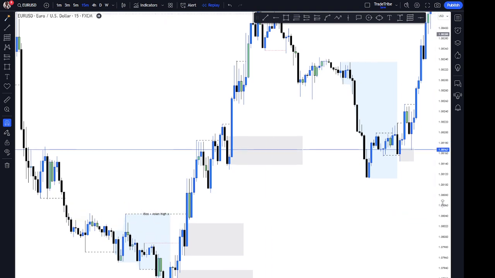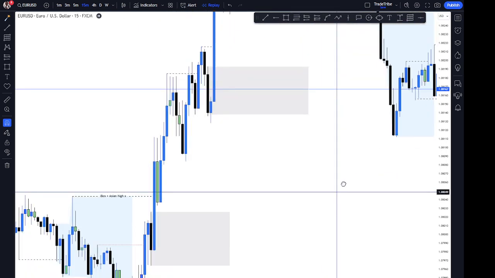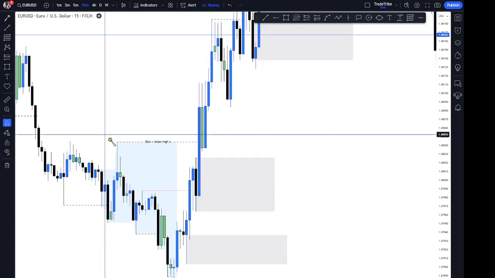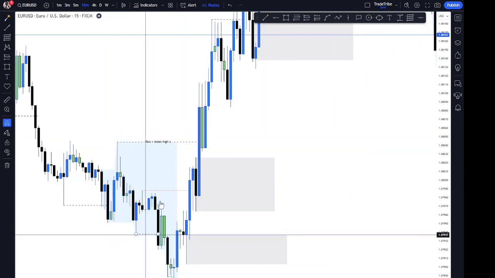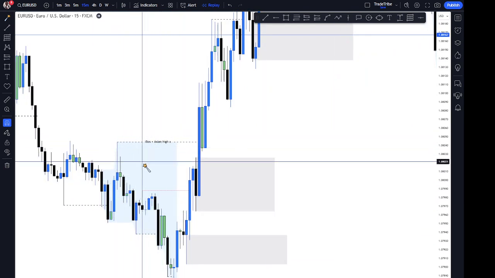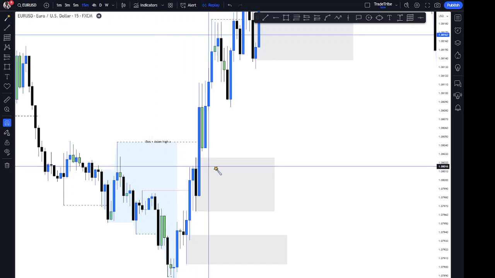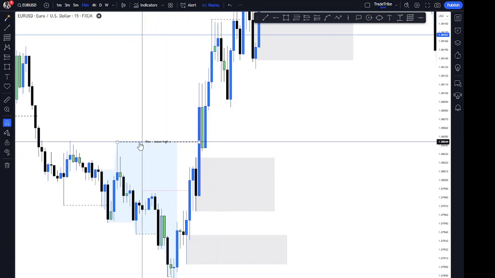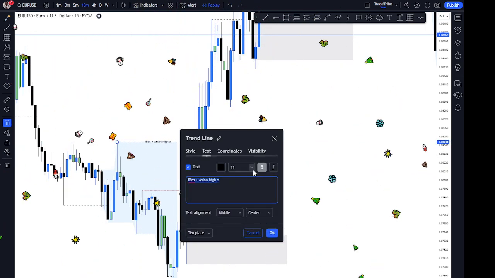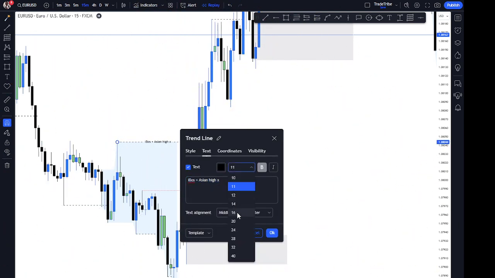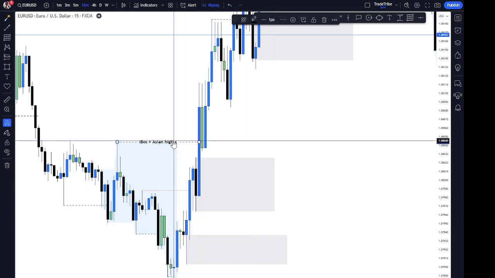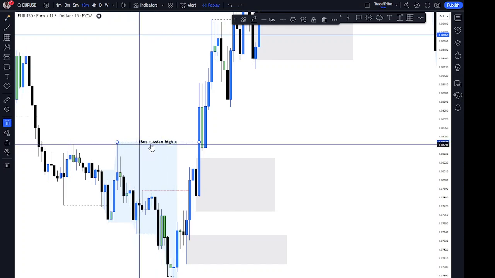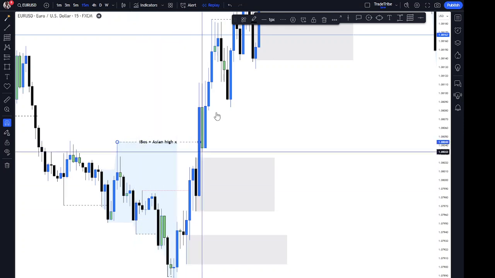Then we have this internal break of structure which happened on the Asian high. You see, this was Asian liquidity, this one here that I marked. I don't know which color that is, whatever color it is, we had this high here. Let me make them a bit bigger. You can see it there. I made it font 16, IBOS plus Asian liquidity high.